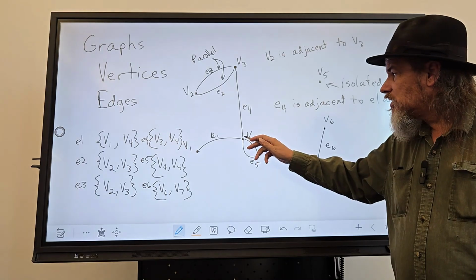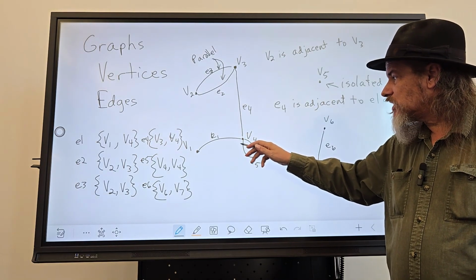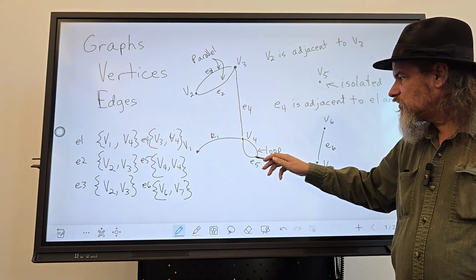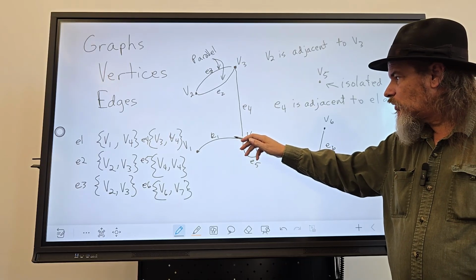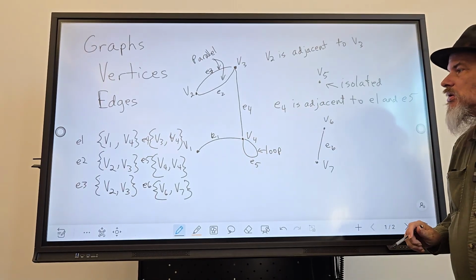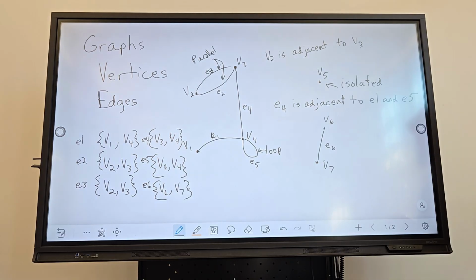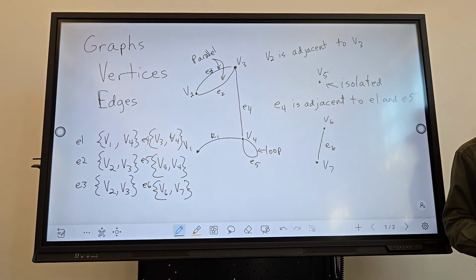V4 would have a degree of 4 because loops are counted twice and then 2 more edges are incident on it.